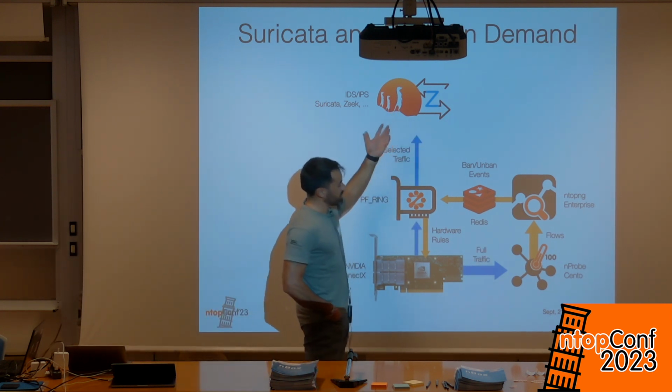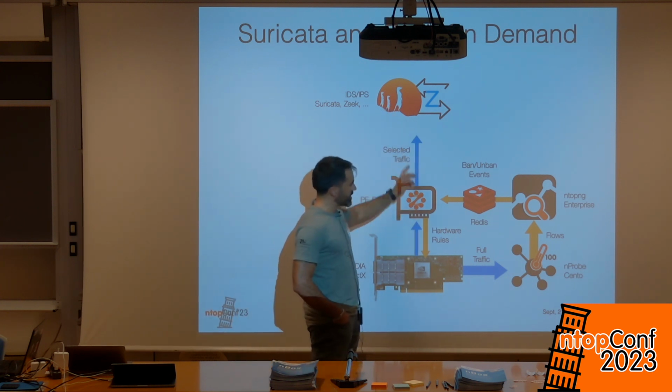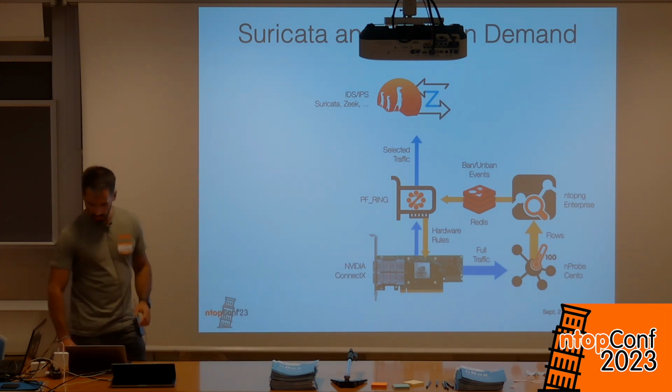So we are not able to process 1 gigabit per second in the IDS. So the idea is to send just the traffic which is somehow detected as strange.